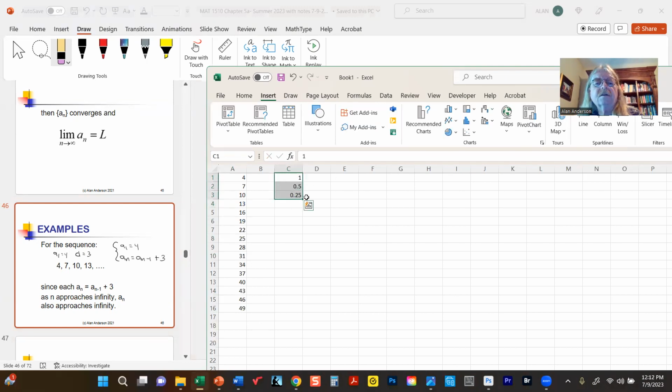Let's see how it handles this one. Oh, all right. Now what I should have done, yeah, kind of disappointed here. I'm going to do the formula I had, 2 raised to the n minus 1 power.